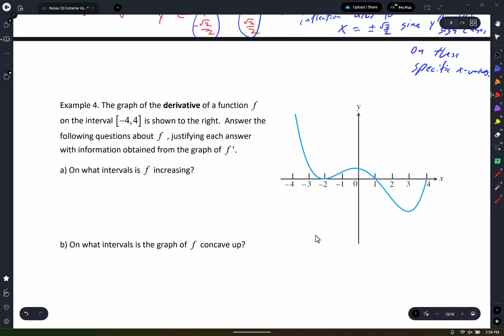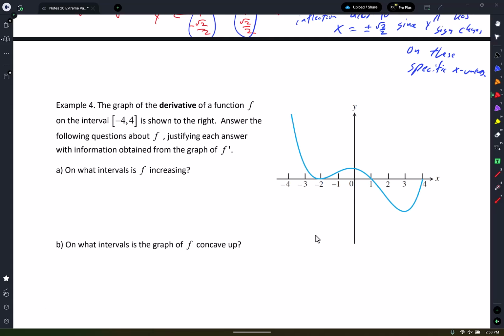All right, before we continue, do we understand what graph this is? What graph is this? f prime. Label it f prime. All right, it says, on what intervals is f increasing? Well, f is going to increase as long as f prime is what?